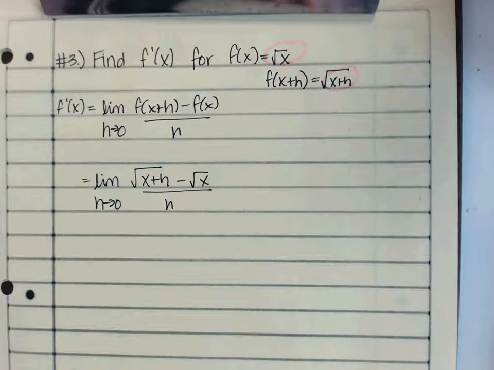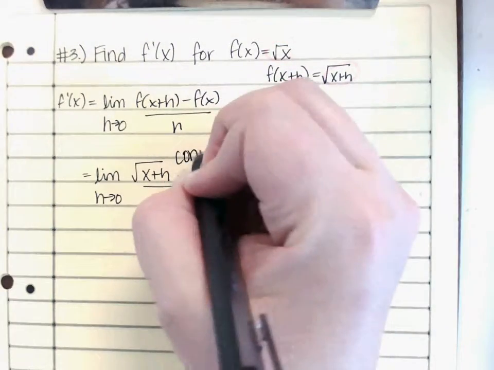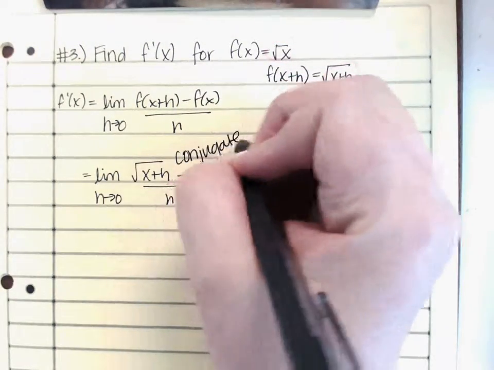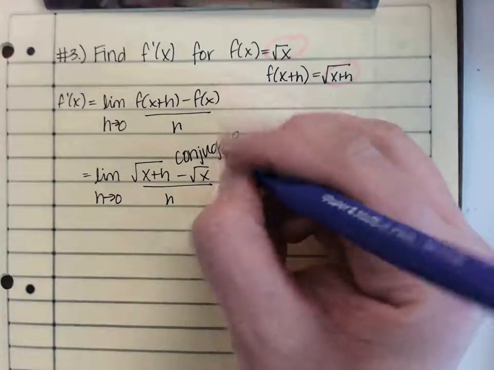How do you fix radicals? Factor, cancel is not going to work. Starts with a C. Conjugate. Okay, we're going to use the conjugate. So if I have root x plus h minus root x, what's the conjugate of that?